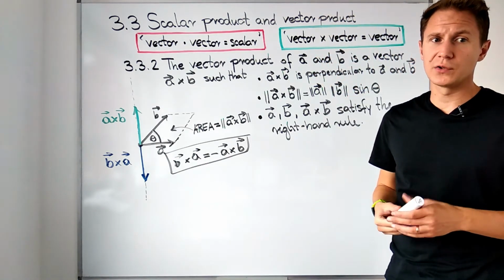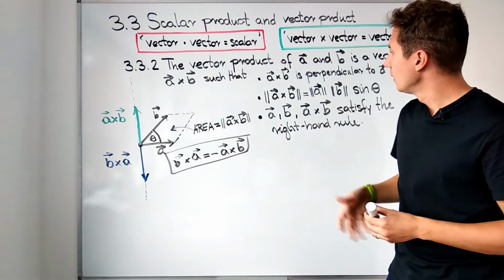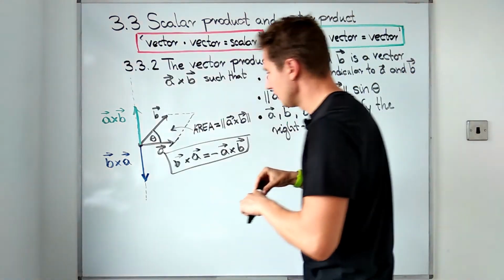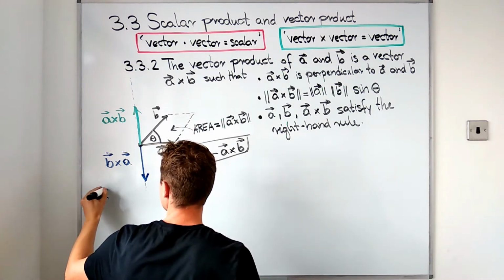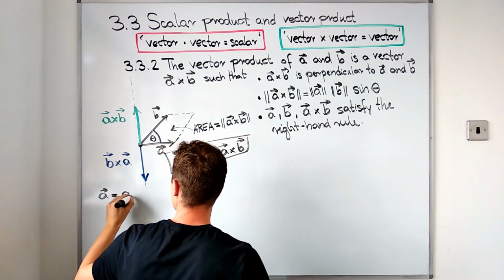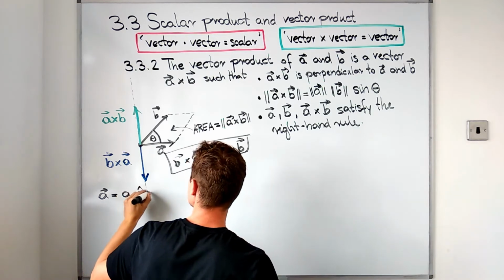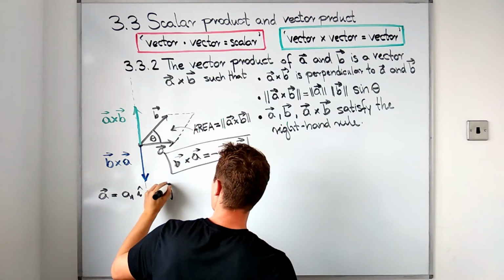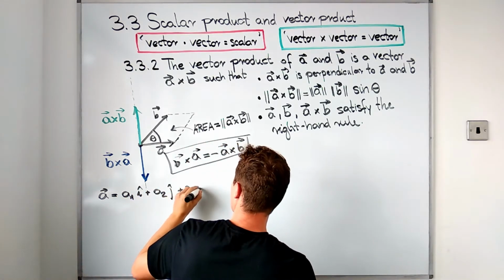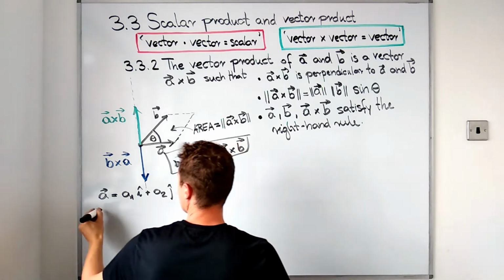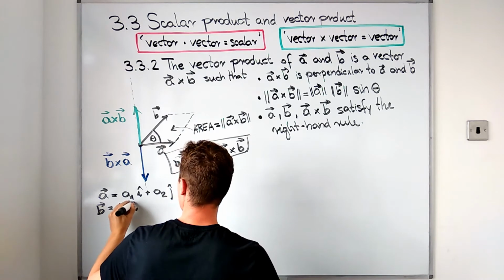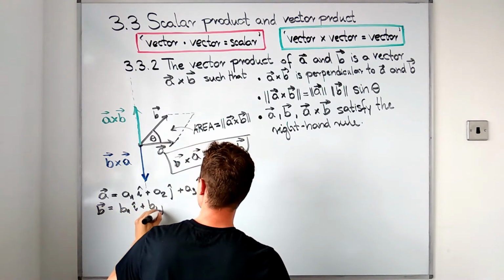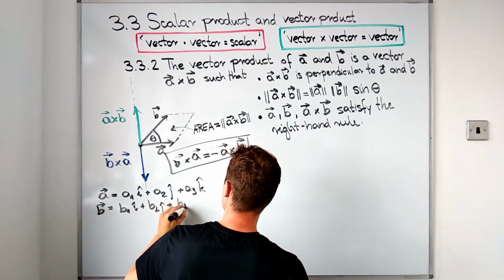The way we are going to do this is, again, just by using the basis vectors. So let's say that A is expressed as a₁ times i hat plus a₂ times j hat plus a₃ times k hat, and B is expressed as b₁ times i hat plus b₂ times j hat plus b₃ times k hat.